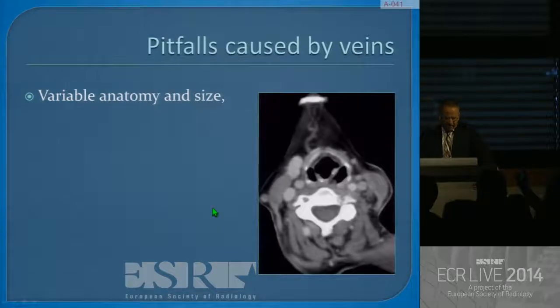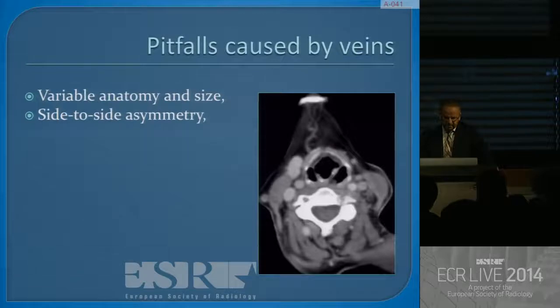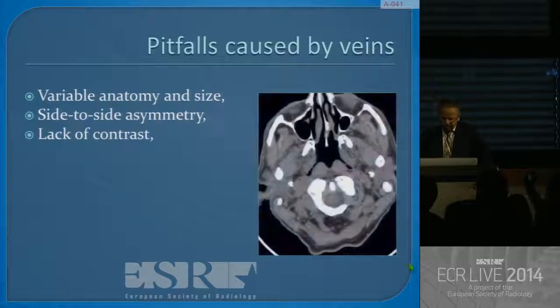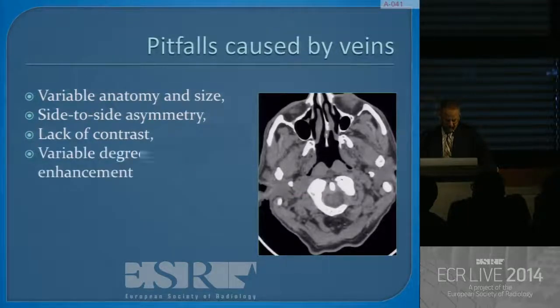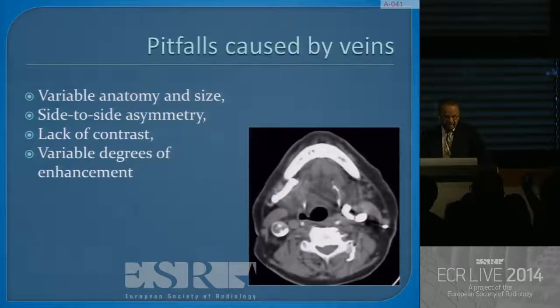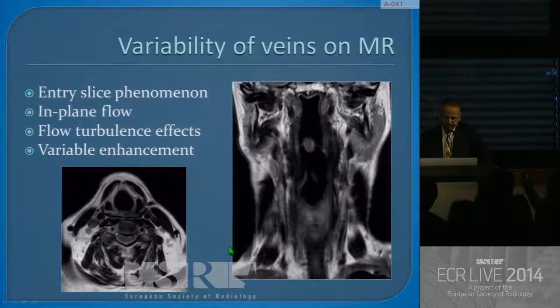Pitfalls caused by veins may be because of variable anatomy and size, side-to-side asymmetry, lack of contrast in non-contrast images. For example, the internal jugular vein may look like a lymph node, and variable degrees of enhancement because of improper bolus timing may cause confusion on CT images.